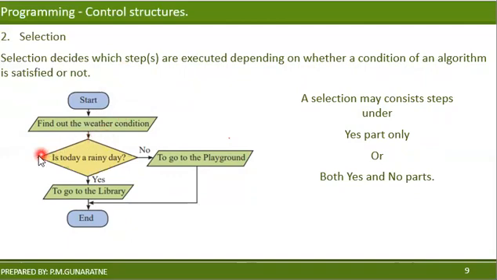I told you, inside the decision box, what we have to write is typically a question type expression, right? The answer for that question will be yes or no. There will be no third option, right? Either yes or no. If it is yes, you can follow this path. If it is no, you can follow this path, right?